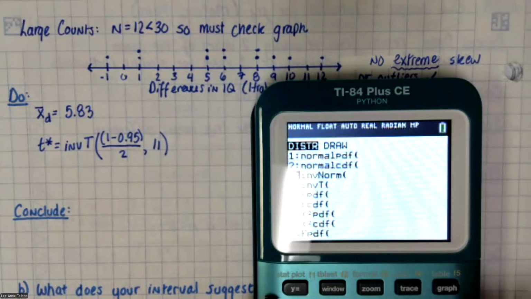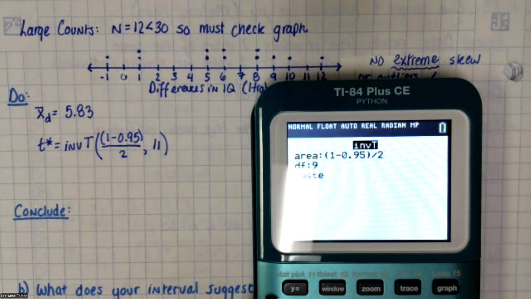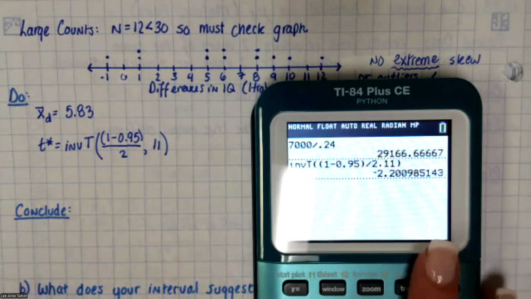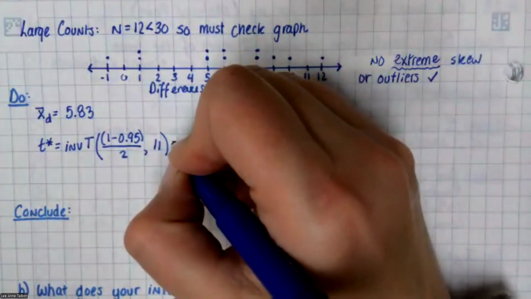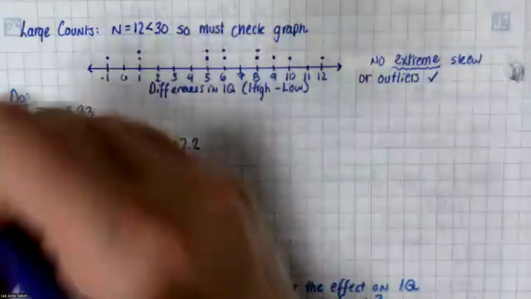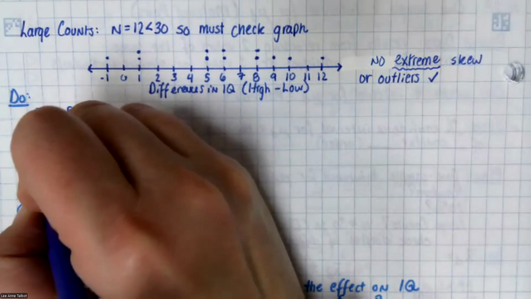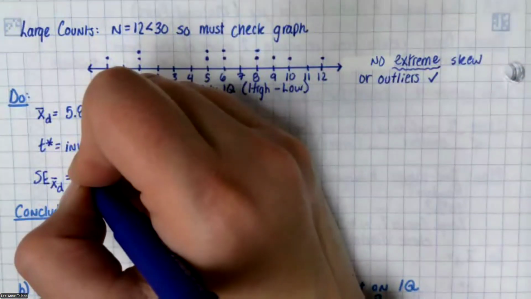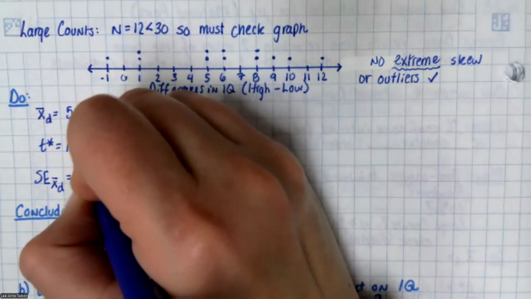Please still be in there. Yes. Negative 2.2, so positive 2.2. What was it? 3.927?